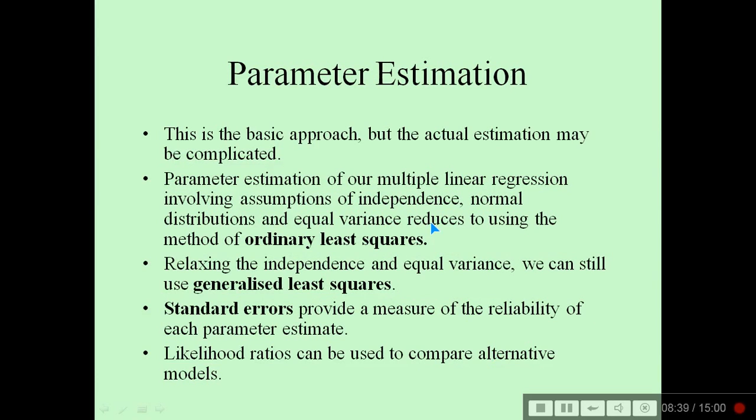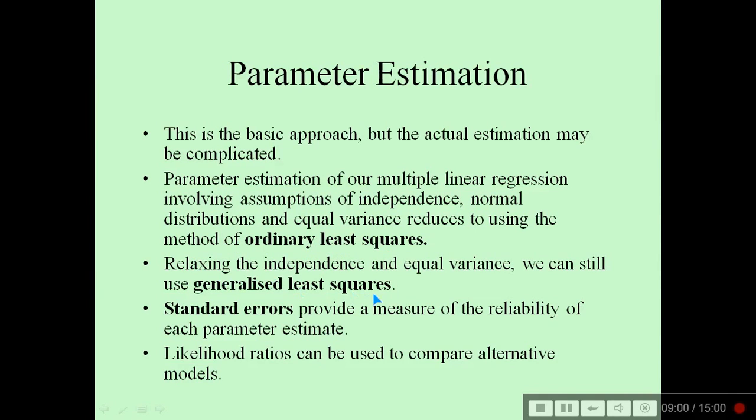So parameter estimation, this is the basic approach, but the actual estimation may be complicated. Parameter estimation of our multiple linear regression, involving assumptions of independence, normal distribution and equal variance, reduces to using the method of ordinary least squares.